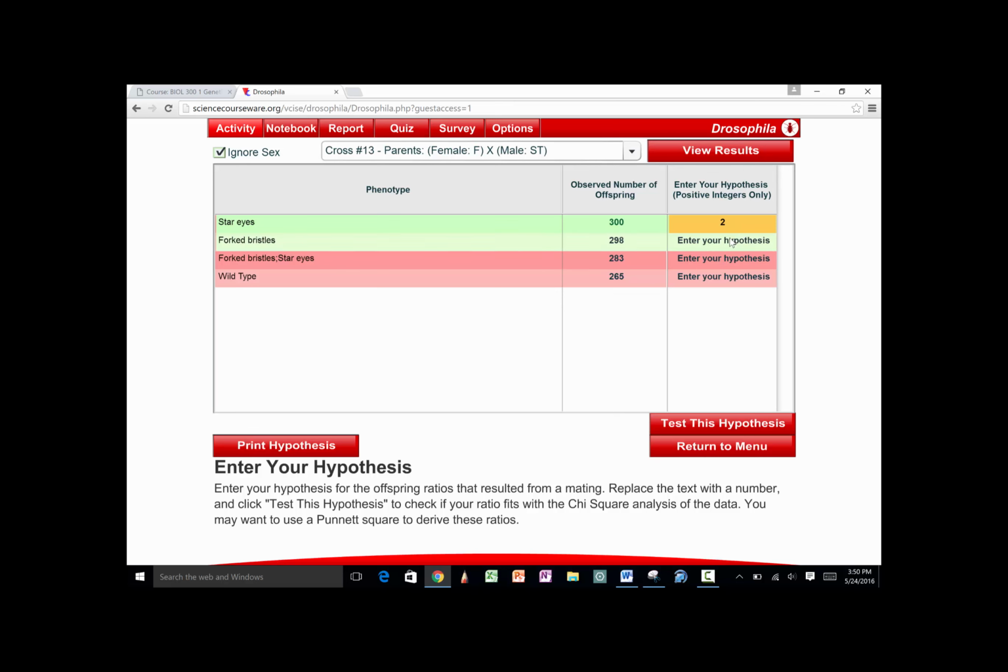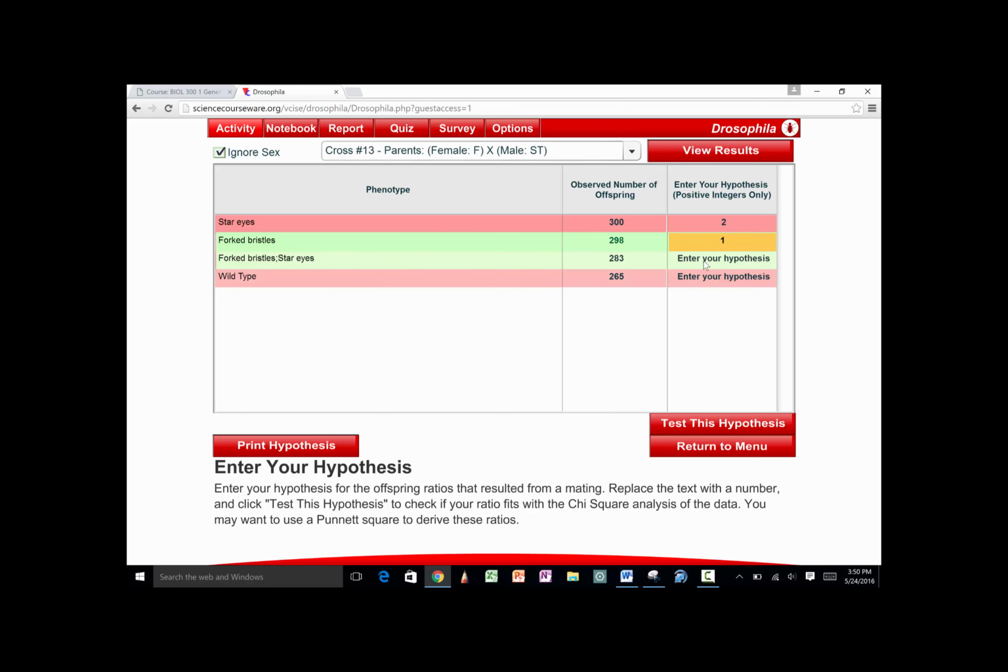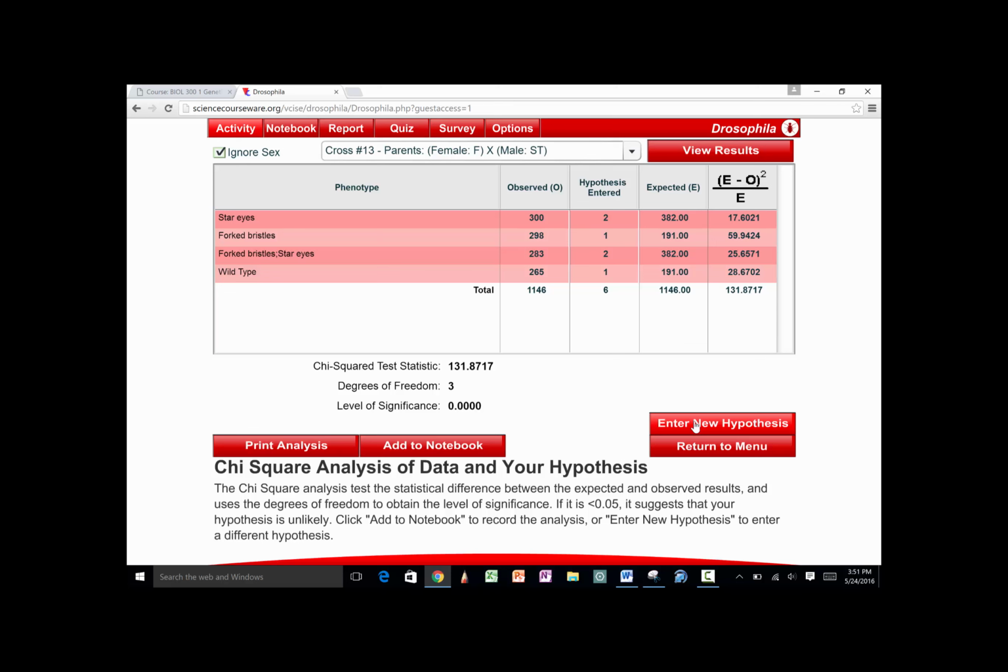Just forked, yeah, this isn't going to work out, was 1. Forked star was 2. And wild type was 1. Test it. 0.131. Biggest chi-square we got already. So I screwed something up. Let's try it again.